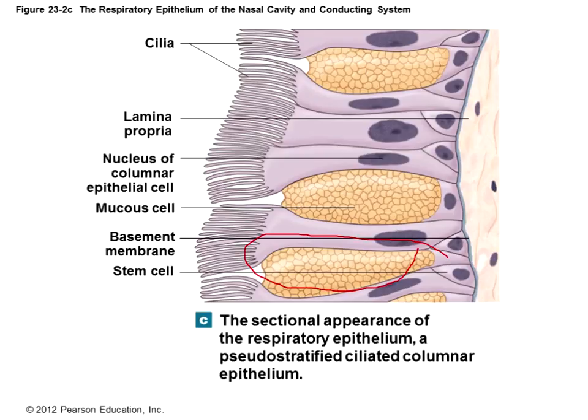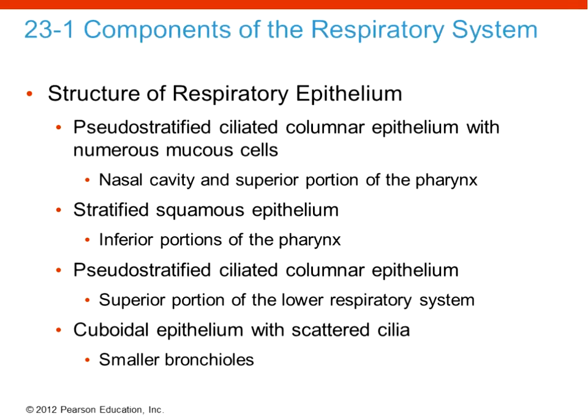And here's just a close-up of that section. You can see the goblet or mucus cells here, you can see the cilia coming off of here, and you can see the connective tissue or lamina propria that it's attached to. So this would be the airway, coming in this way to allow for passage of air deep into our respiratory system. Okay?